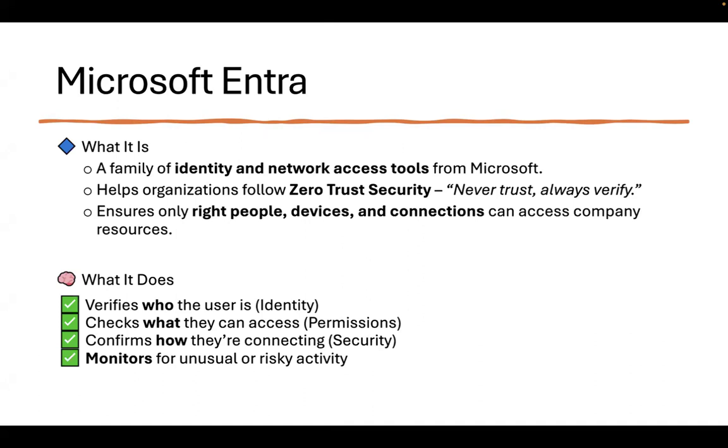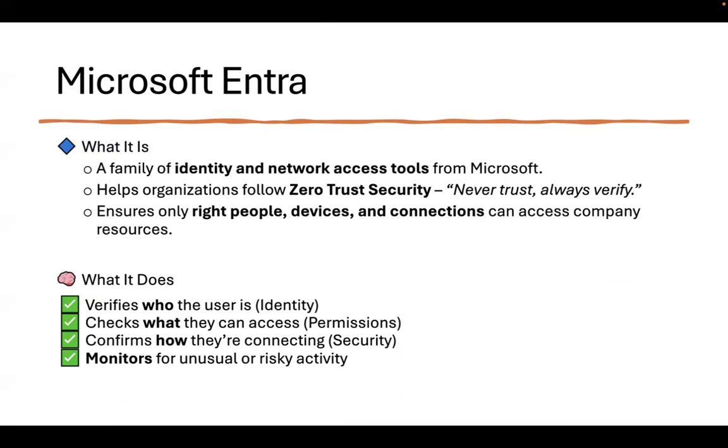What it does is it verifies who the user is, that is the identity. It checks what they can access, so what kind of permissions they have, read, write, or modify, all these things it will check. It confirms how they are connected. So what is the security they have, how they are getting connected, whether it is a VPN or they are outside or an external vendor, all these things it takes care of.